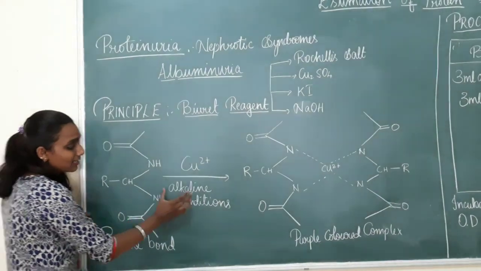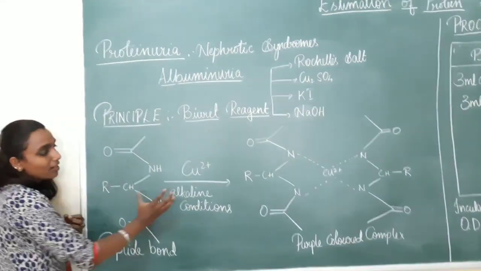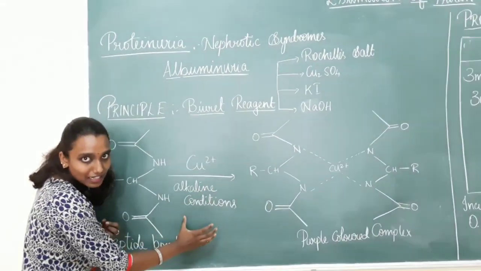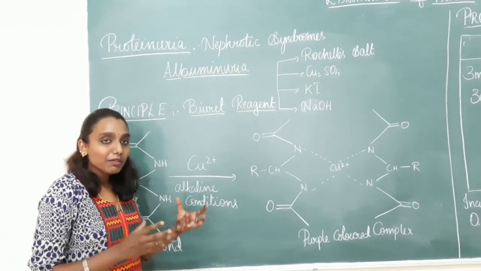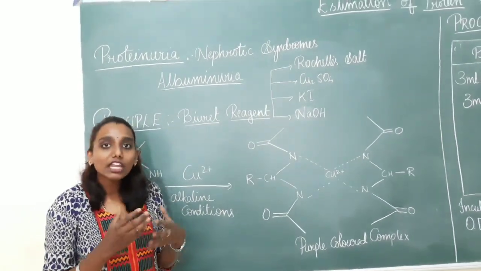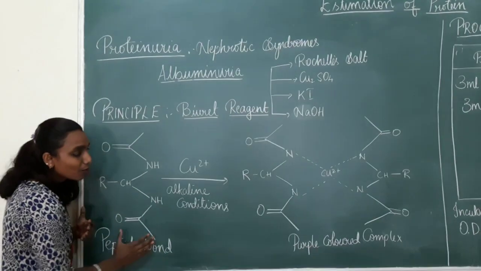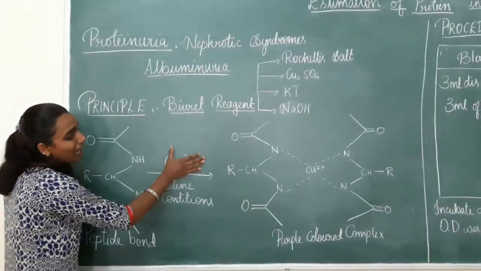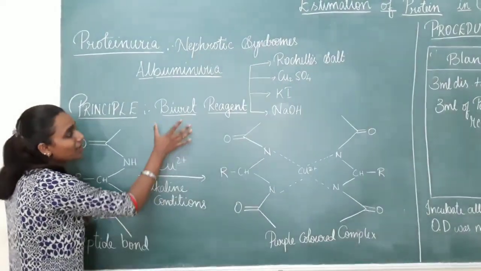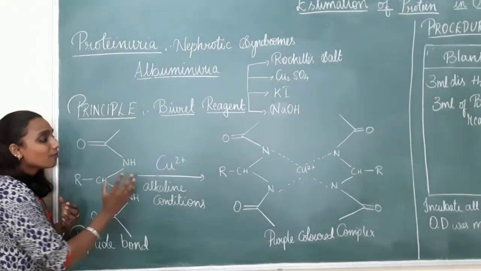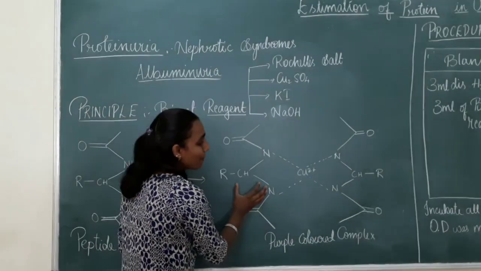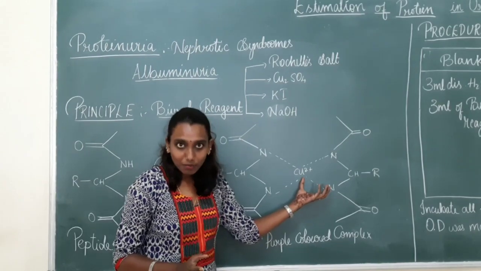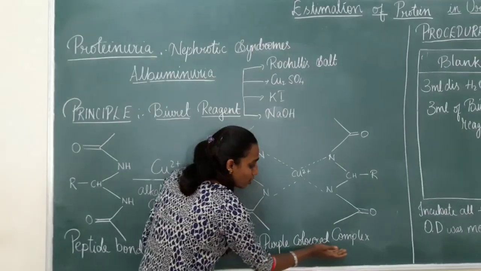When the peptide bond reacts with copper ions under alkaline conditions, we incubate it for 10 minutes. During incubation, the copper sulfate in the biuret reagent, which is blue in color, forms a peptide and copper ion complex and gets converted to purple color.